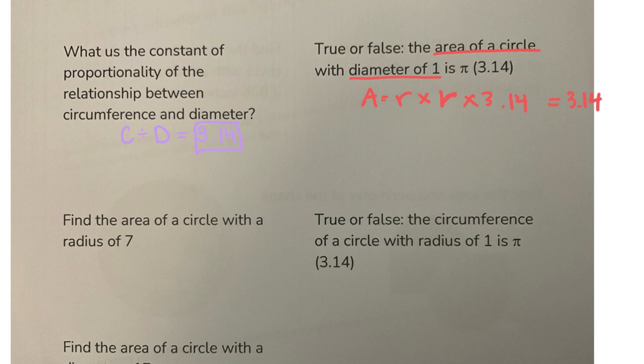Well, they don't give us the radius, they give us the diameter. So if our diameter is 1, our radius is half of that. So we're going to go 0.5 times 0.5 times 3.14, and we get 0.785. So that is definitely not pi. So that means that this statement is false.